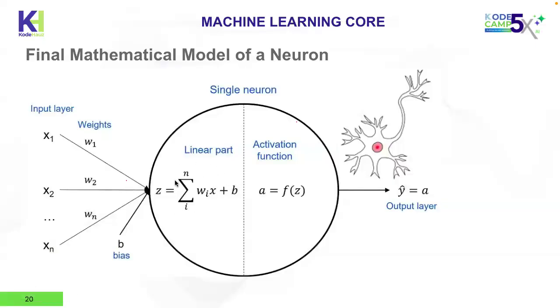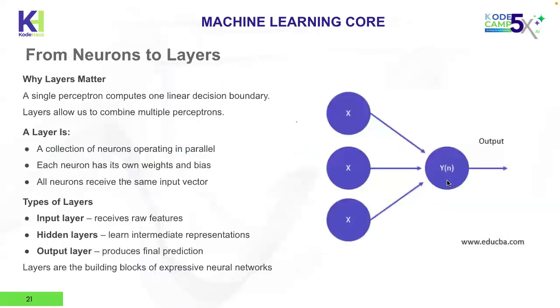That is the linear combination. This linear combination is then passed through the activation function to give you your y hat, which is the value that comes out from the single neuron. Any questions?